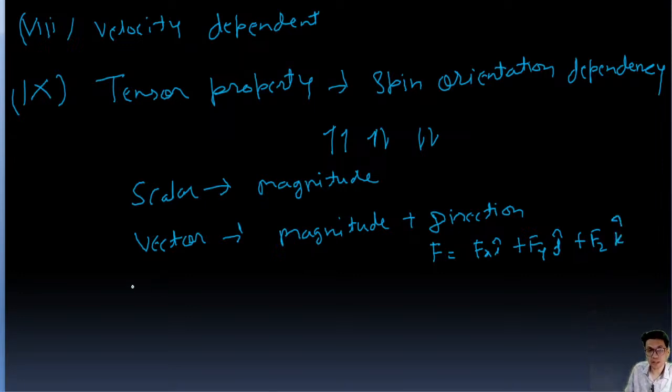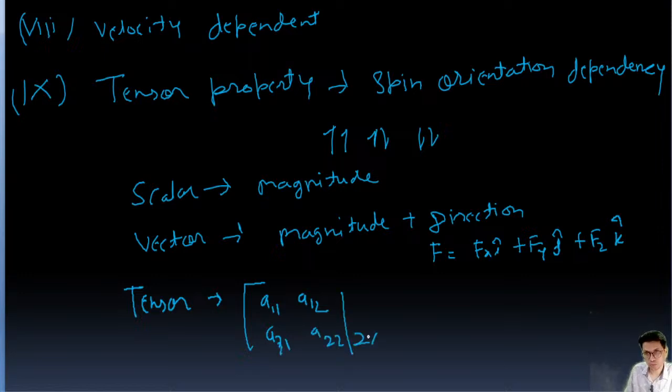If we talk about a tensor, that is going to be like a matrix, A11, A12, A21, A22. That is 2 cross 2, right? So Fx has 3 components: Fxy, Fyx, Fyz, and Fxz.